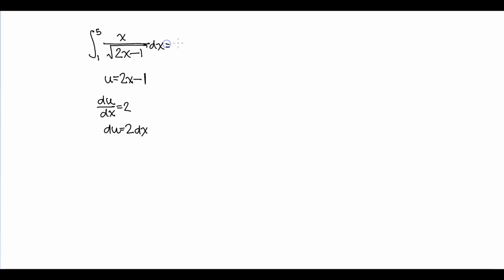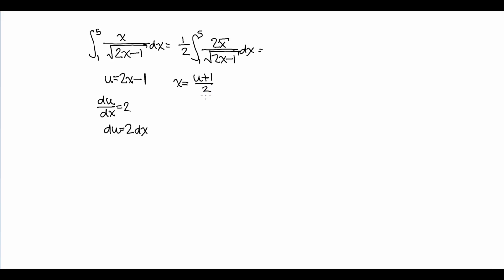So we can introduce a 2 by the 1. And now we have this lone x over here. So what is this x? To find x, you solve for x in terms of u. So you have u plus 1 over 2.